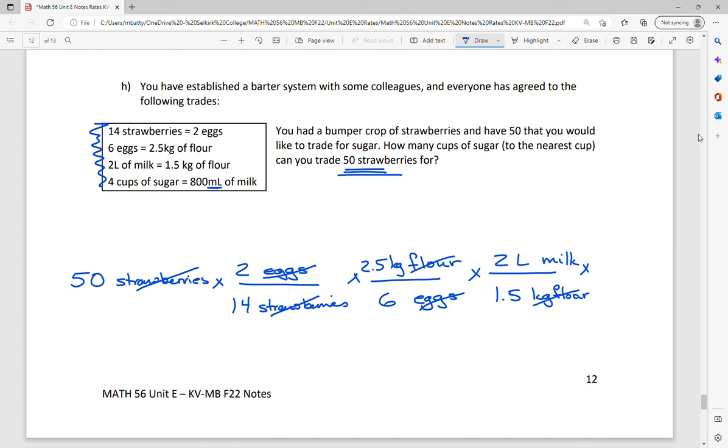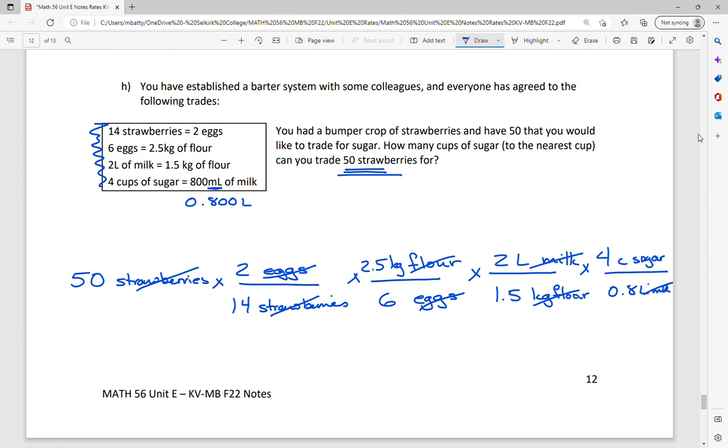This one's a little tricky. This would actually be 0.8 liters, right? We'd want to write that down below, so 0.8 liters milk would finally give me 4 cups of sugar. So the milk is gone, and I should have this in terms of cups of sugar.